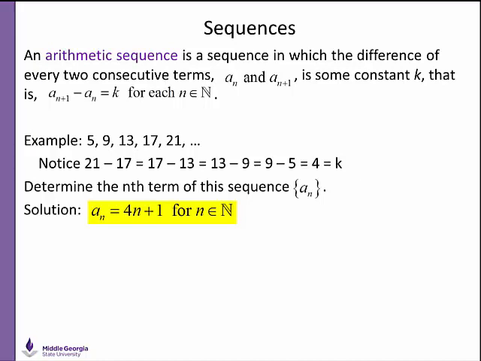But if we just did 4 times n, we almost have the sequence, because 4 times 1 is 4, and 5 is 1 bigger. 4 times 2 is 8, and 9 is 1 bigger. 4 times 3 is 12, and 13 is 1 bigger. 4 times 4 is 16, and 17 is 1 bigger. And 4 times 5 is 20, and 21 is 1 bigger. So if we take the natural numbers in order, multiply them by 4, and then add 1, we generate this arithmetic sequence.